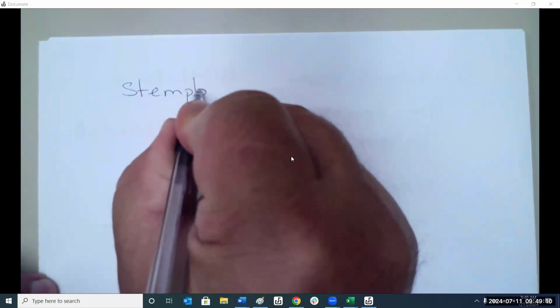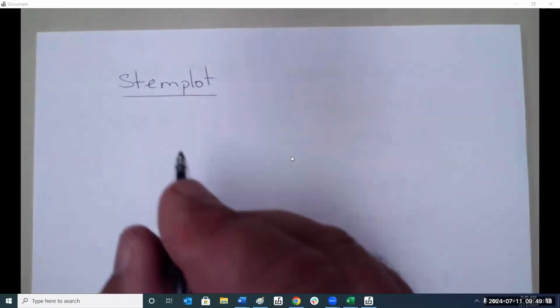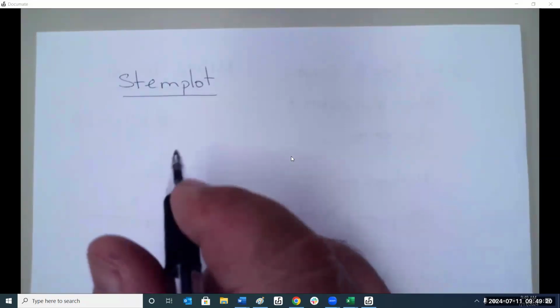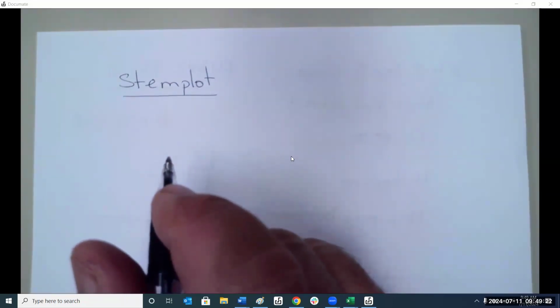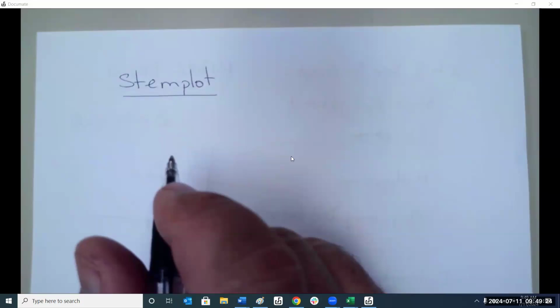The next one is called a stem plot. The stem plot is made up of 2 parts. Yes. For the dot plot, do we need to find the cumulative frequency? No, you can't, because there's no column for it. It's just a straight up picture, nothing more.